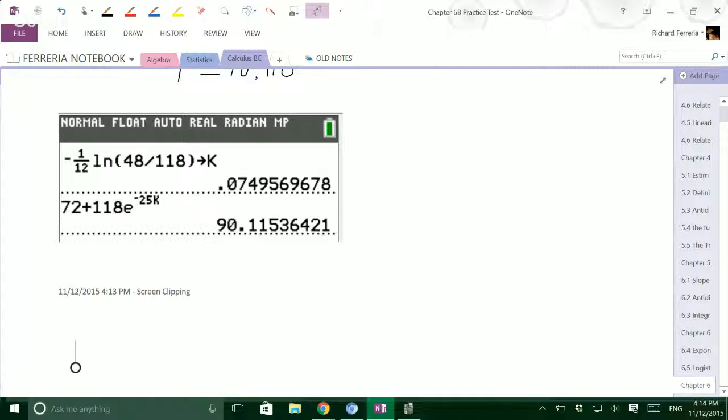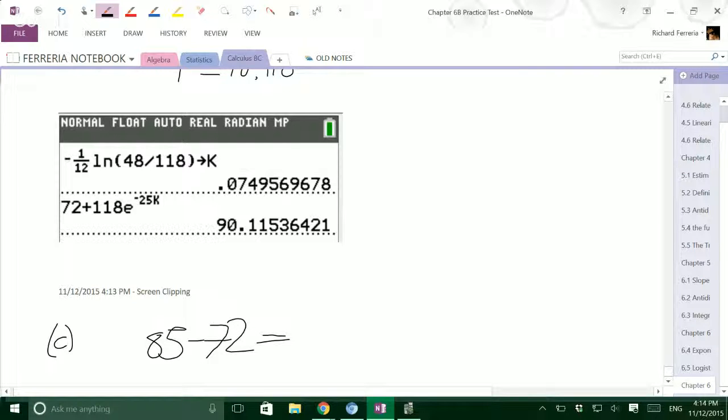Part C. When will the temperature be 85 degrees? So 85 minus 72 equals 118 e to the negative kt.